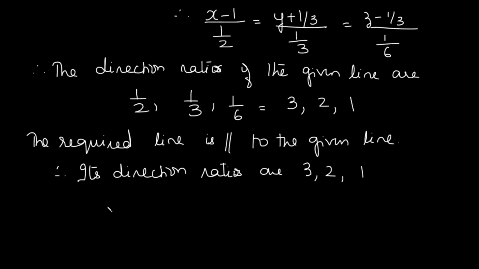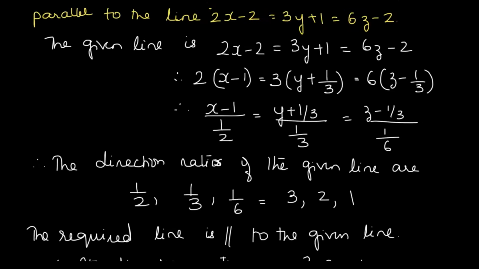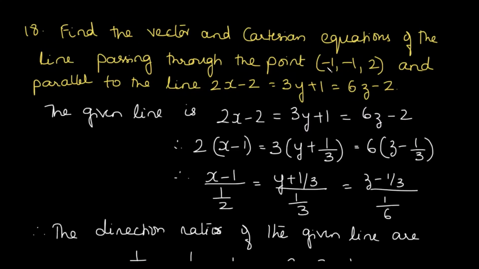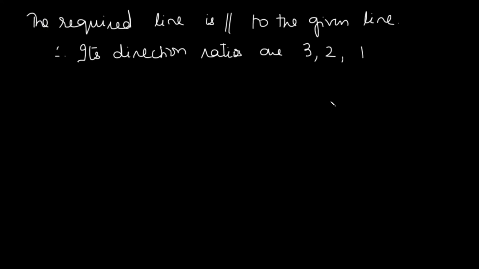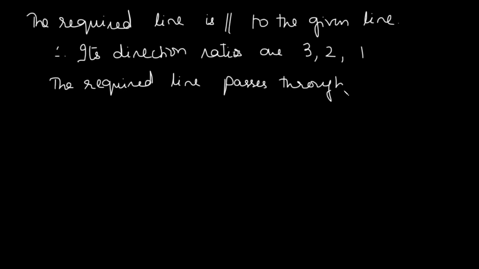Now, they have also given us the point through which the line passes, isn't it? From the question, the line passes through the point -1, -1 and 2. So let us write this fact over here. Not the given line, the required line. The required line passes through -1, -1, 2. So this is the point on the required line.